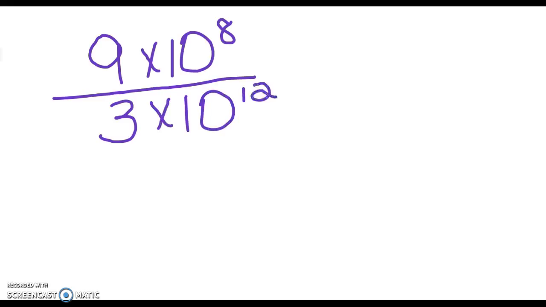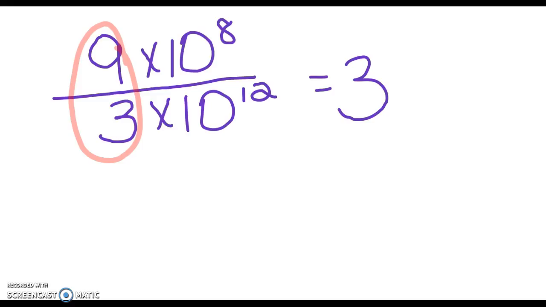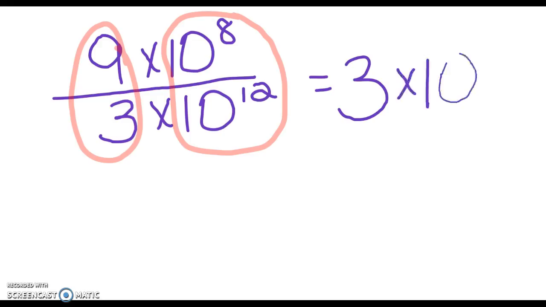I divide the base numbers. So 9 divided by 3 equals 3. And then the shortcut rule for exponents, if the bases are the same, is to subtract the exponents. So I take the top exponent minus the bottom exponent. 8 minus 12 is actually negative 4. And again, that ends up being a very small number.